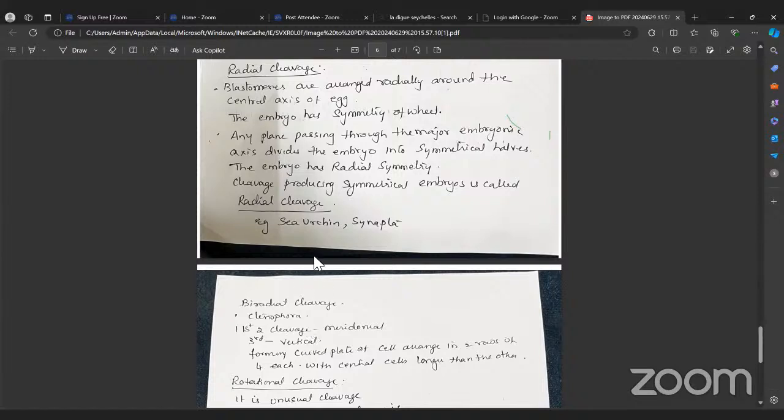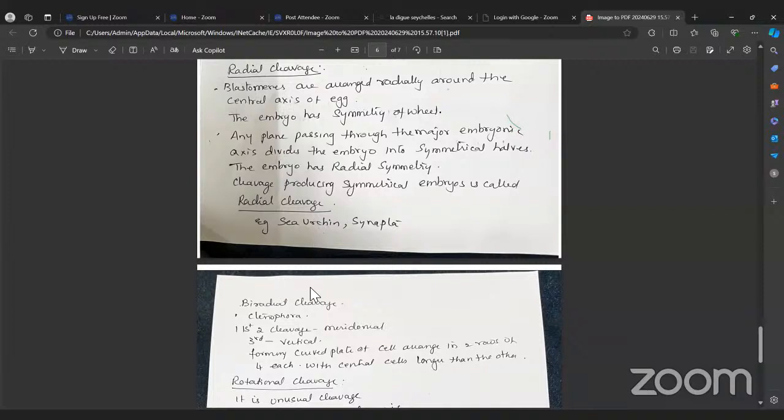Are you imagining? Yes, yes, ma'am. It is two vertical cleavages which divide one apple into four equal parts, but each division is at 90 degrees to each other. Then the next cleavage, that is the third cleavage, is the equatorial cleavage.